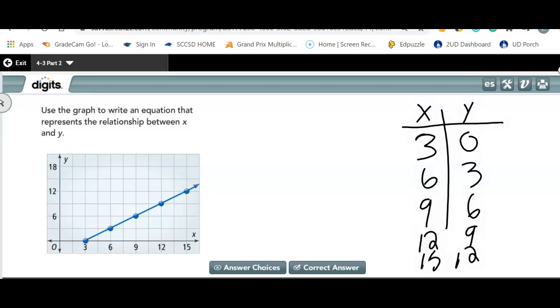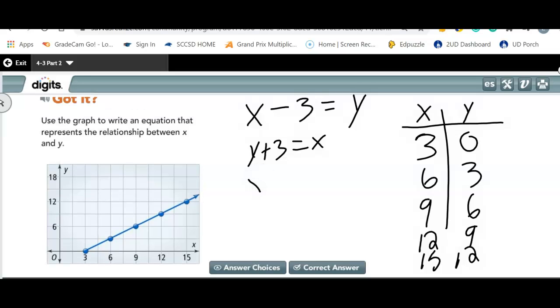Maddie. X minus 3 equals y. That works. Jacob? That works. Braden? X minus y equals 3.